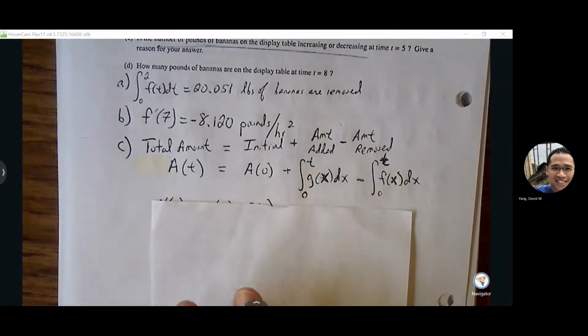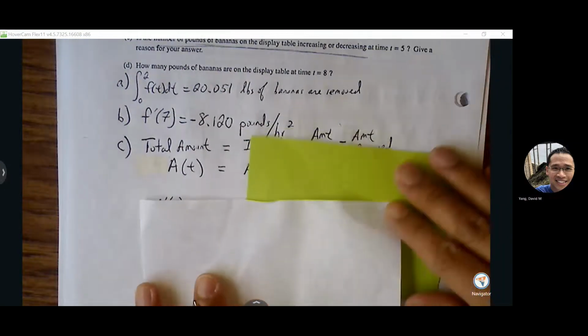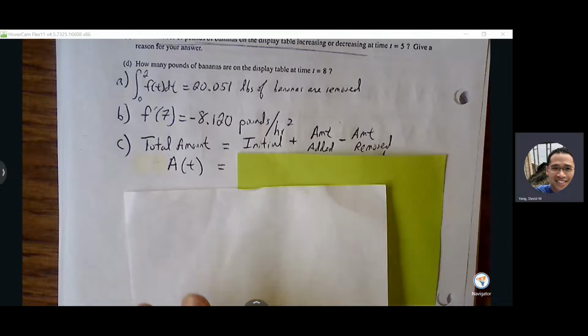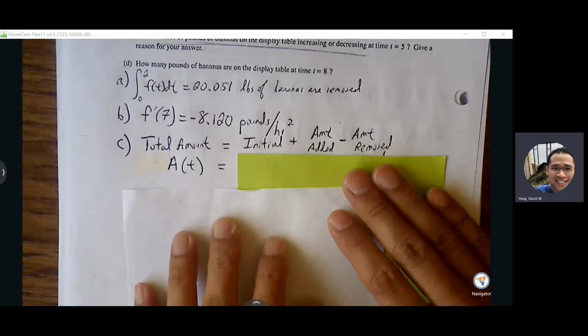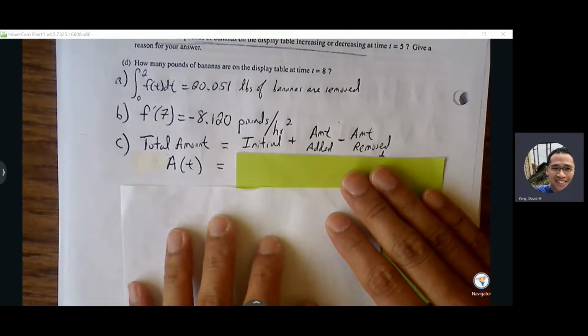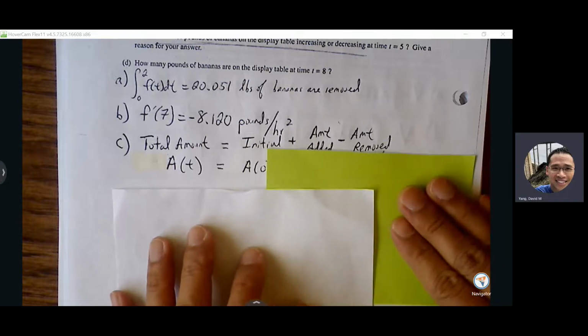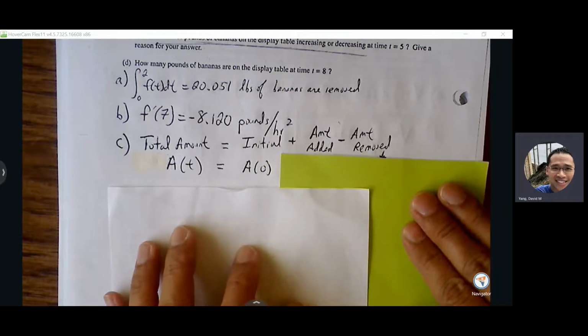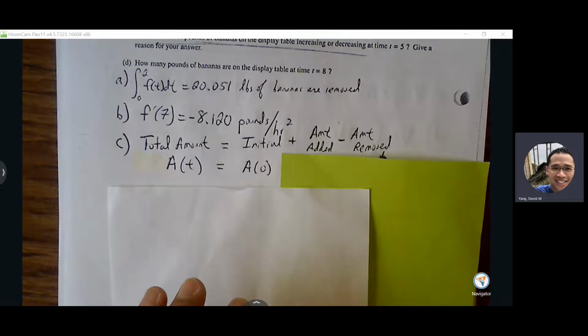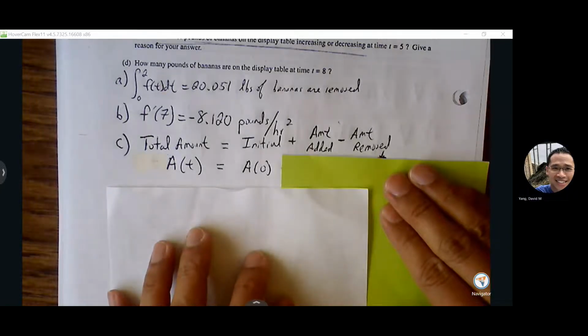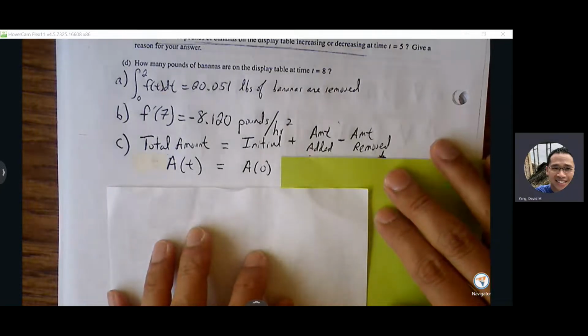So I'll let A of t represent the number of bananas on the display table. Initial is how much to begin with. We know A of 0, that's 50, right? We know there's 50 pounds of bananas on display at the beginning, plus the amount added.